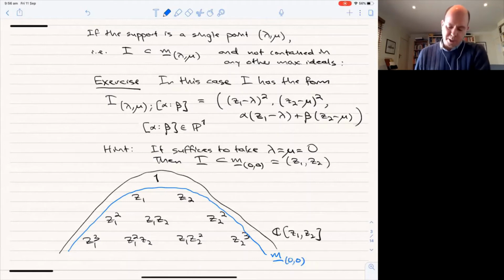And I is meant to be contained inside this blue part, and it's meant to be codimension-2 in the whole thing. So it has to be codimension-1 inside this maximal ideal.